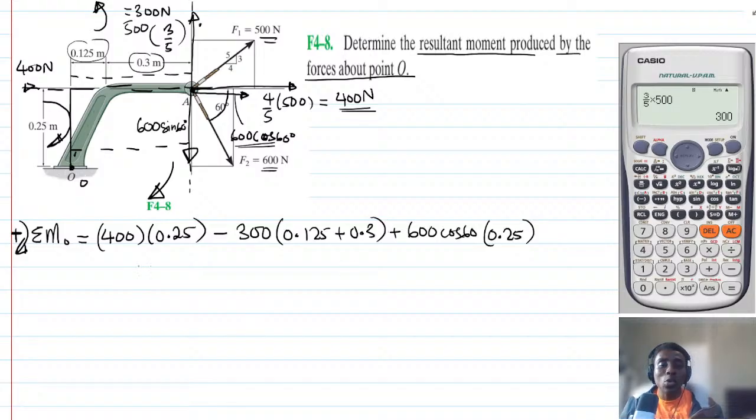So this time around is going to be plus 600 sine 60 multiplied by the moment arm. And that moment arm is what? Sorry, it's 0.3 plus 0.125. Okay, so that is it.